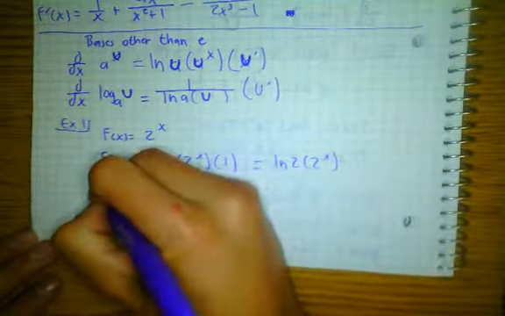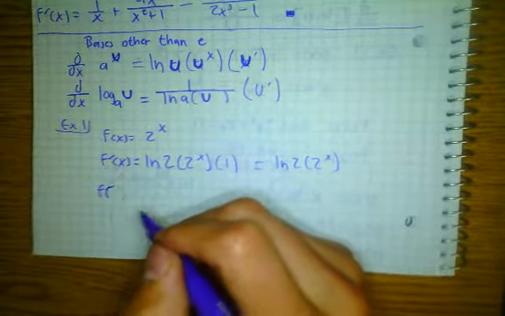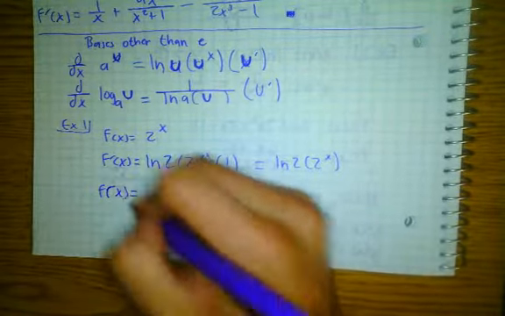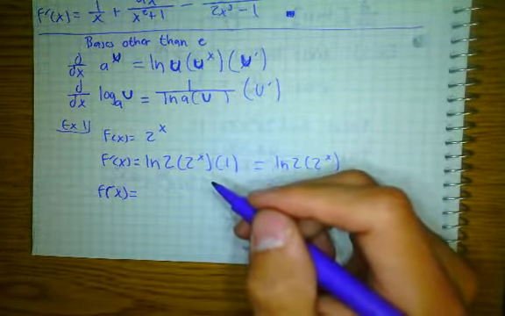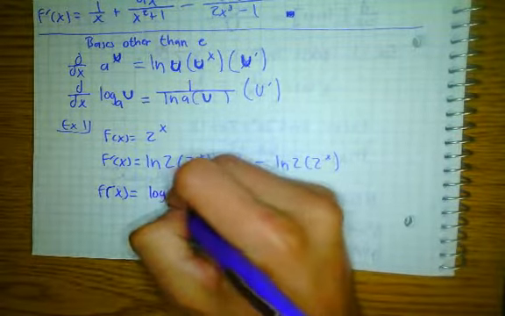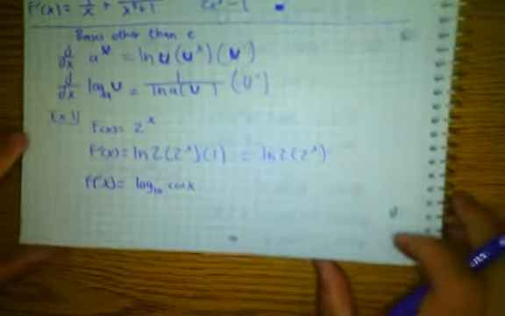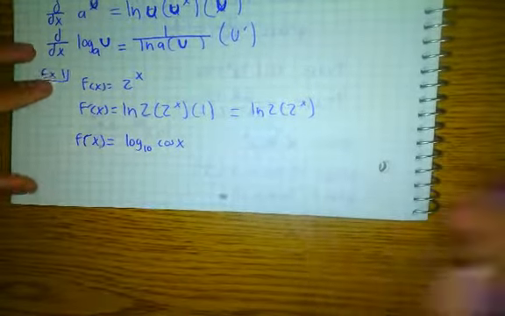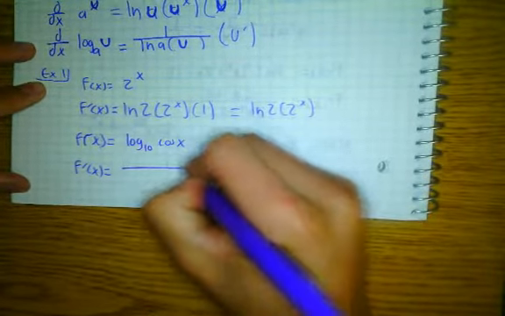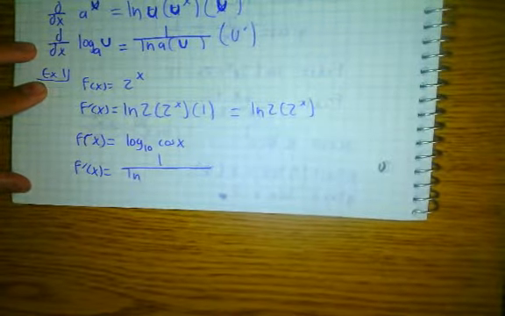One more because I think we have some time. We have 2 minutes. We can do this. Let's say that you have f of x equals, and I'm going to combine them, logarithm base 10 of cosine x. Why not? Let's throw some trig in there. f prime of x. 1 divided by the natural log of what?